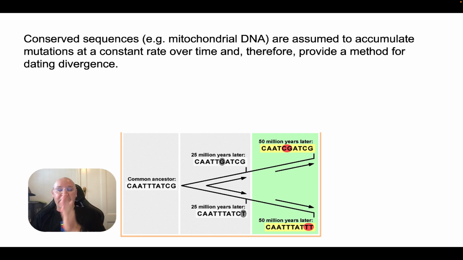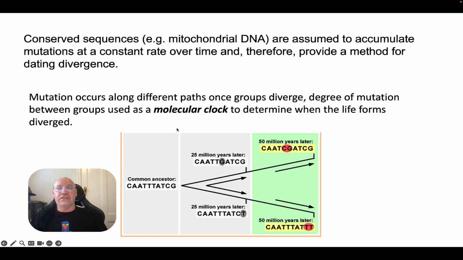So therefore we're able to count back the number of changes or number of mutations to be able to estimate the length of time since there's been a common ancestor by the number of mutations in geological time. So based on that, we can essentially create a molecular clock to be able to calculate the degree of divergence based on the number of mutations that have occurred.